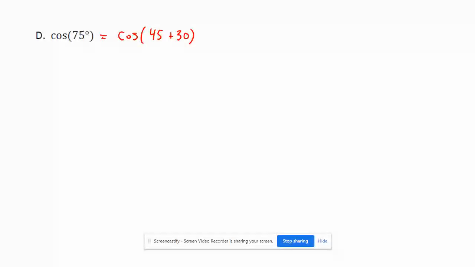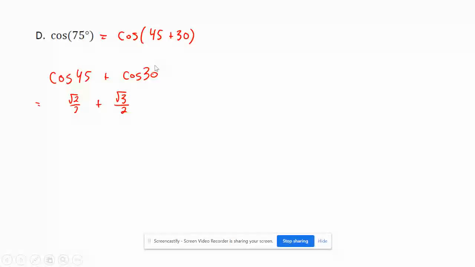Now, this is actually a wrong way to do this question, but I'm going to show you why. The first instinct I'd have is to do cos 45 plus cos 30, which equals root 2 over 2 plus root 3 over 2.